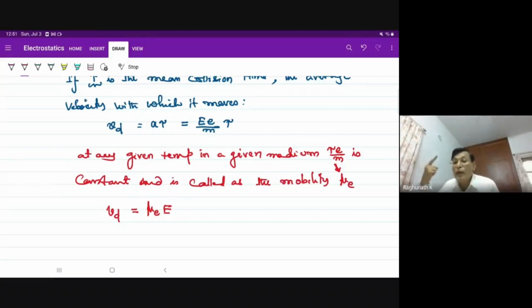Reduction in the mean collision time reduces the mobility of the electron, the ease with which it passes through. Reduced mobility for a given electric field intensity reduces the drift velocity. Reduction in the drift velocity appears as the reduction in the amplitude of the current. For the same electric field intensity, if you start increasing the temperature, the current through the conductor will start decreasing.